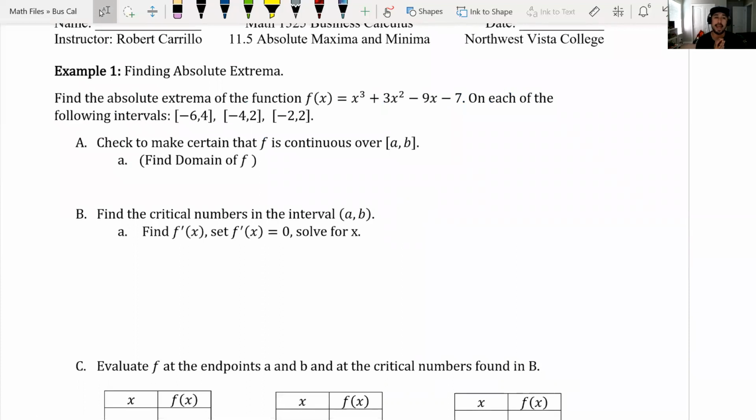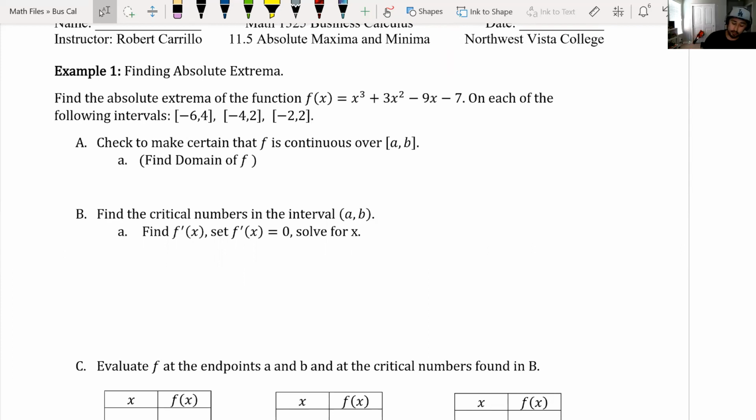Number one, finding absolute extrema. Find the absolute extrema of the function x cubed plus 3x squared minus 9x minus 7 on each of the following intervals: -6 to 4, -4 to 2, -2 to 2. Step A, check to make certain that f is continuous over the closed interval [a, b].